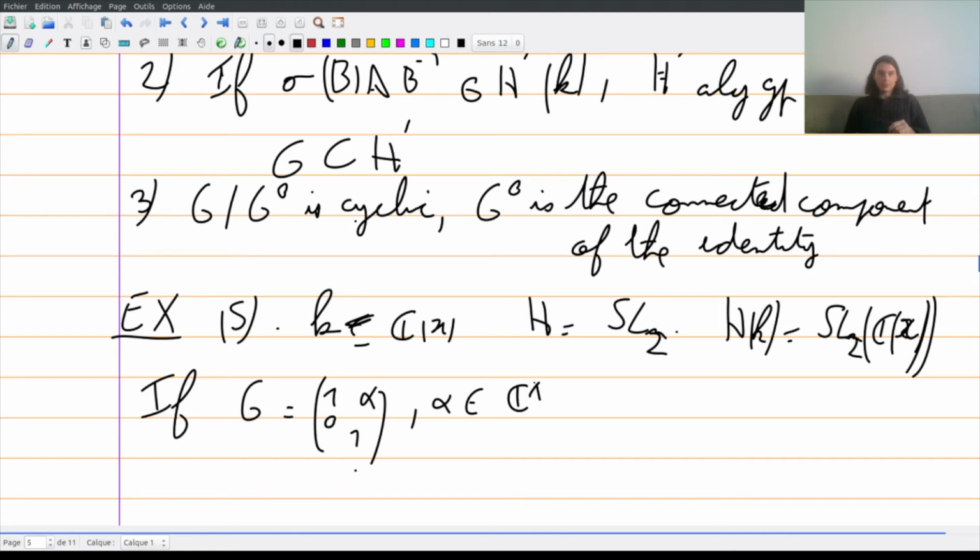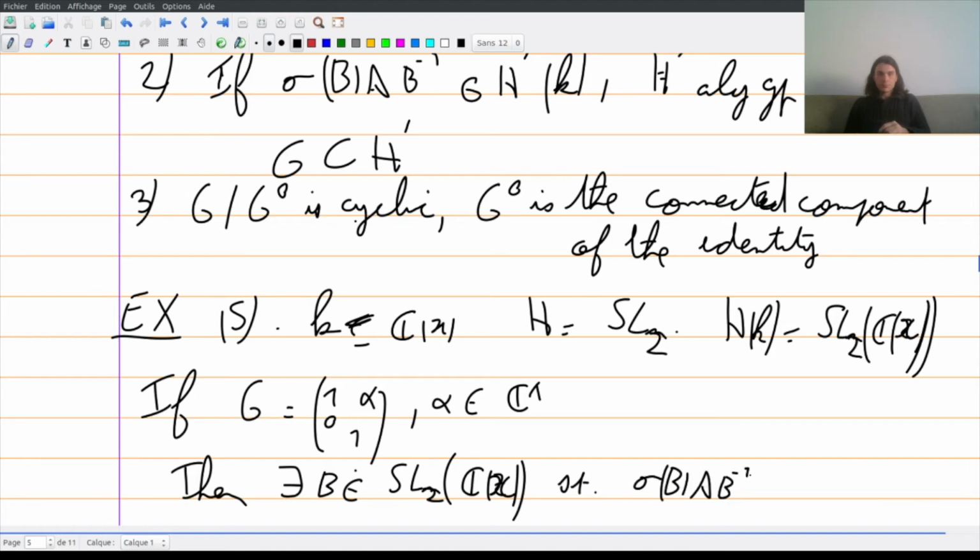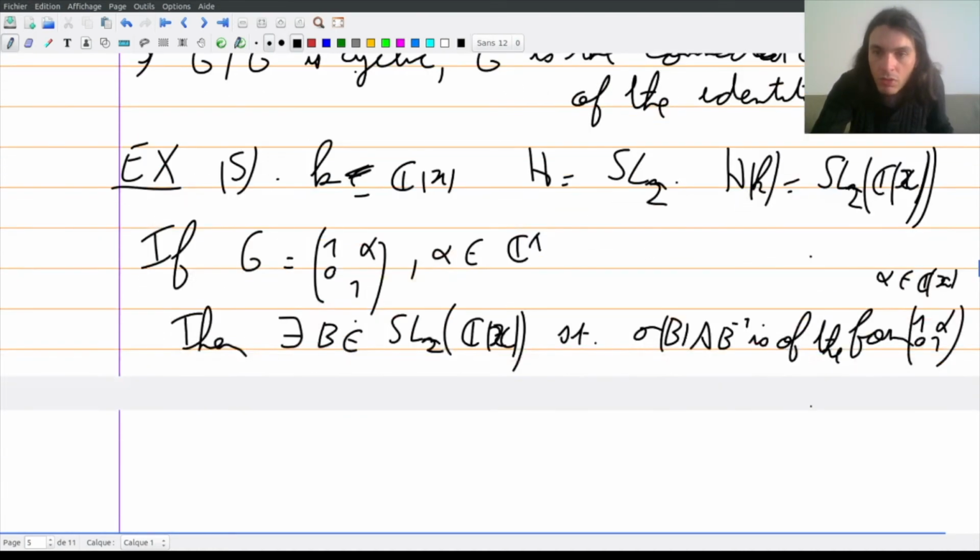So it's an algebraic group. Then it just means that there exists B in SL2 of C of z such that you can transform your matrix into an upper triangular matrix, and alpha belongs to C of z.